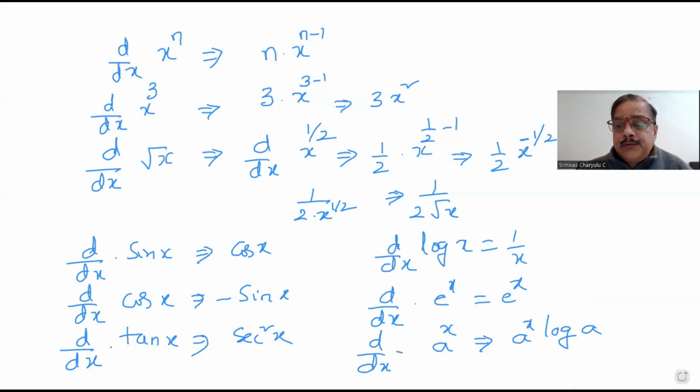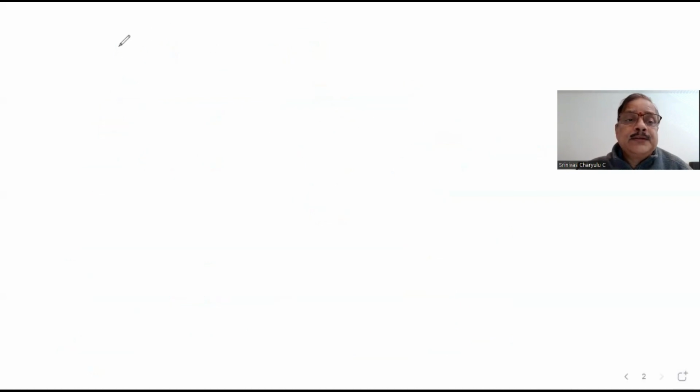There are certain rules we have to follow when we are doing the differentiation. Let u and v be two functions. Now we are operating on them: u plus or minus v.